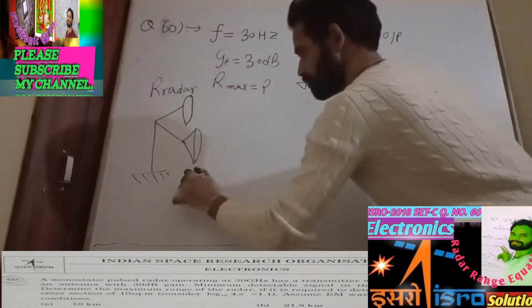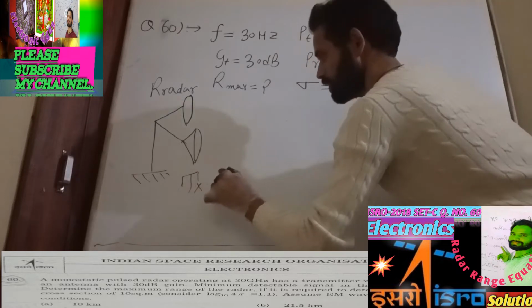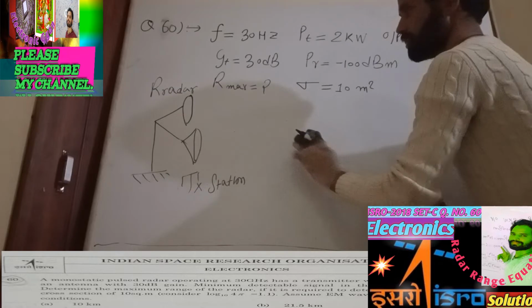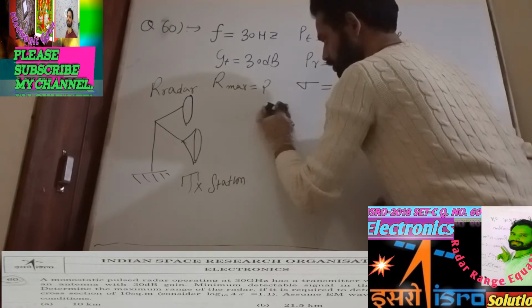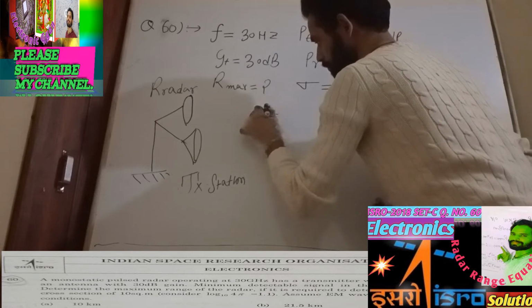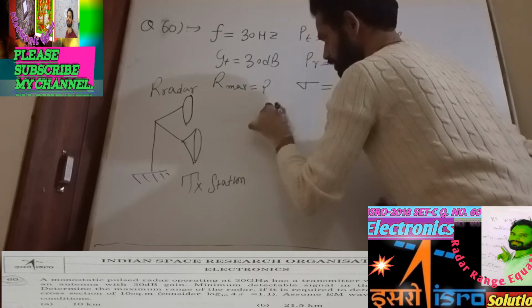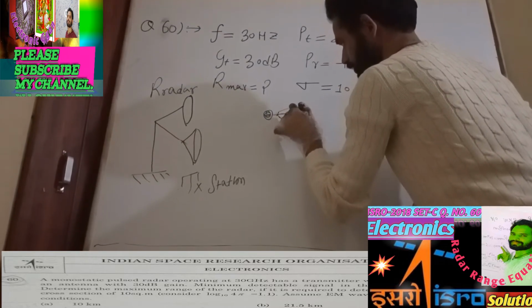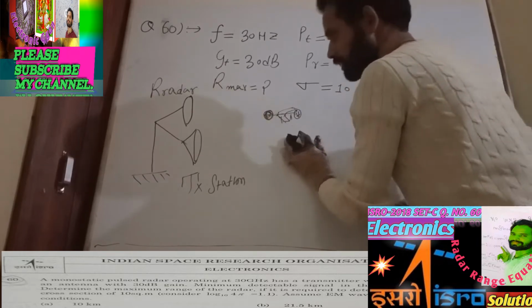This is my transmitting station, at the transmitter side. Now let us assume there is a plane, and here is my target. Let us say this is a helicopter.